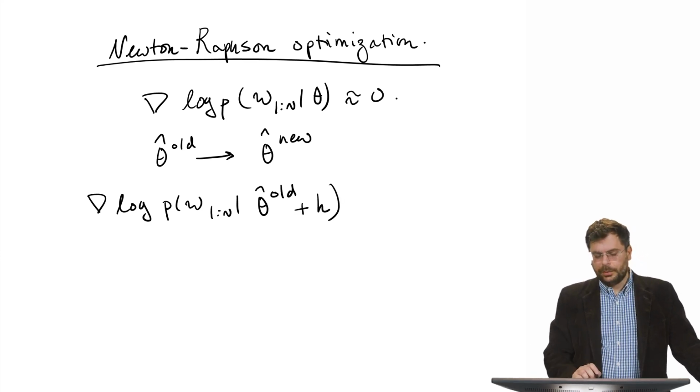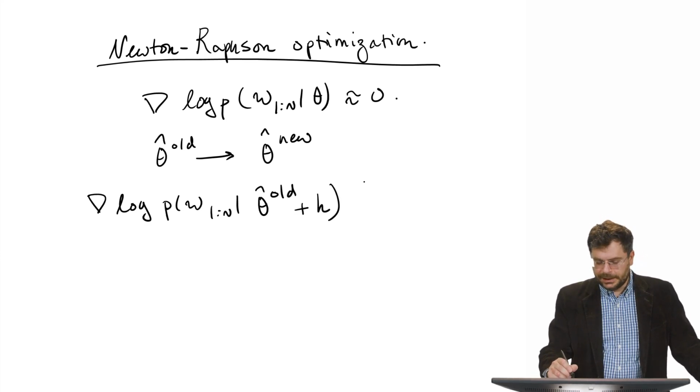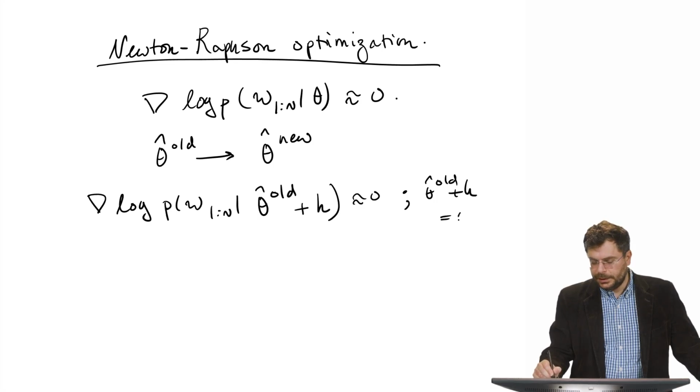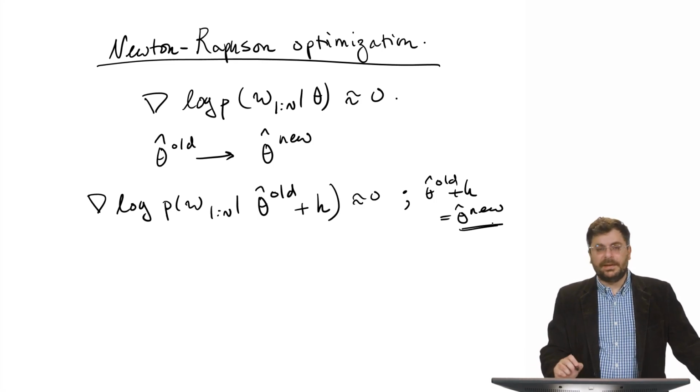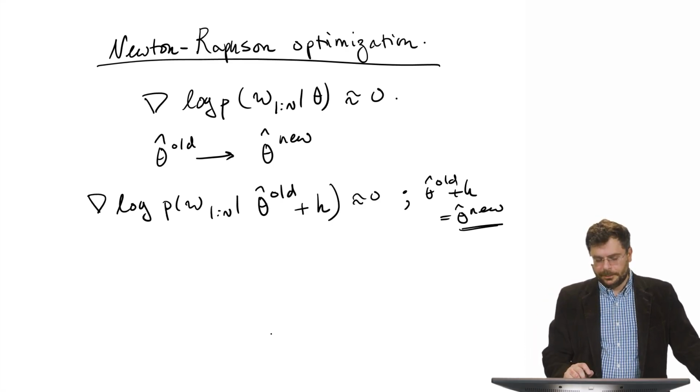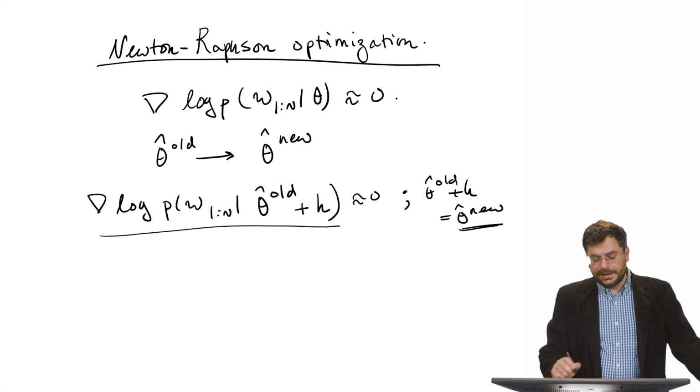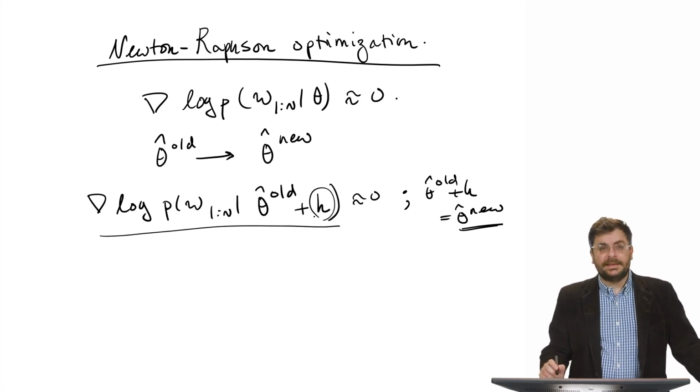And that perturbation we'll call h. So the idea here is that theta old plus h equals theta nu, and theta nu is the value at which the gradient of the log likelihood is approximately equal to 0. So if that's true, then we can take this and expand it around h.